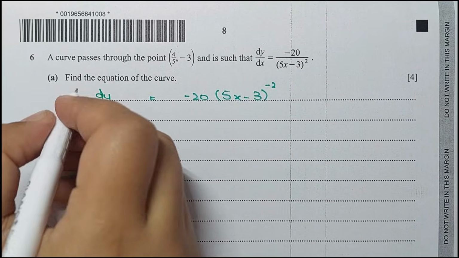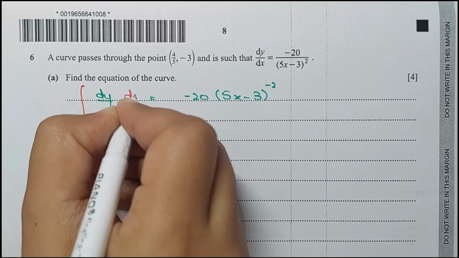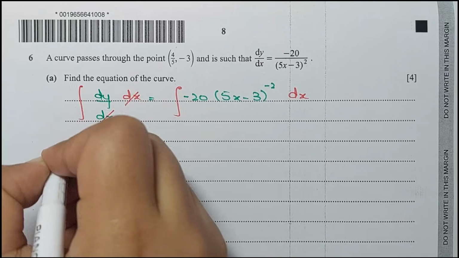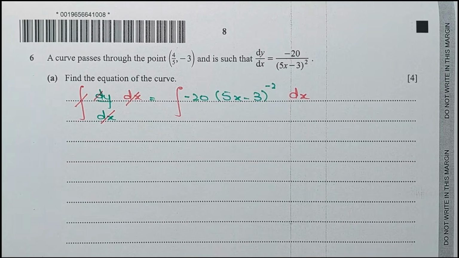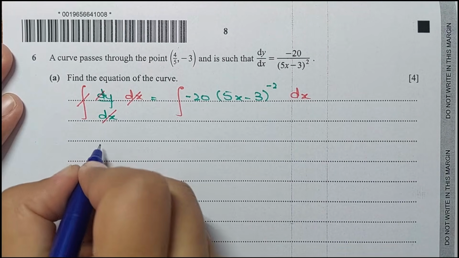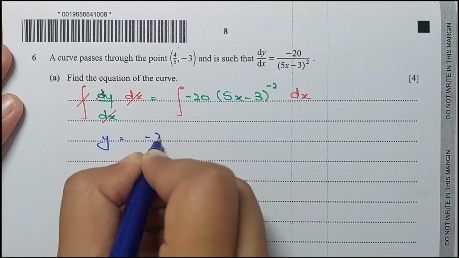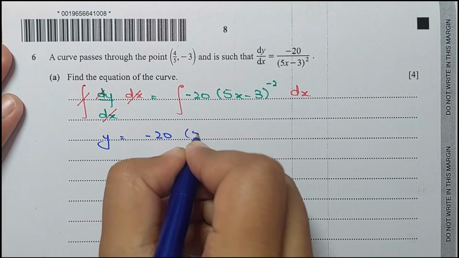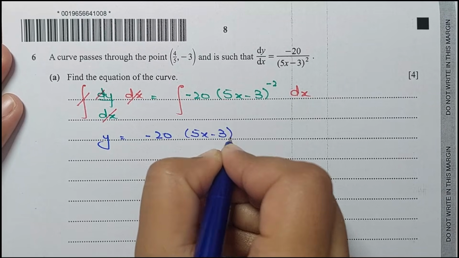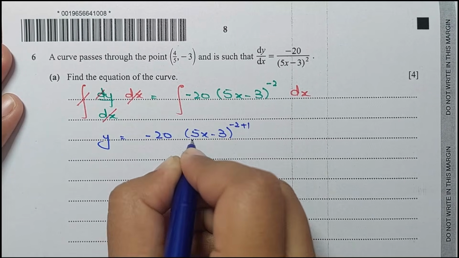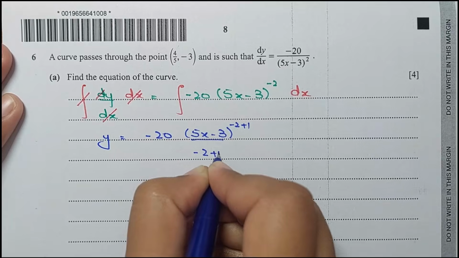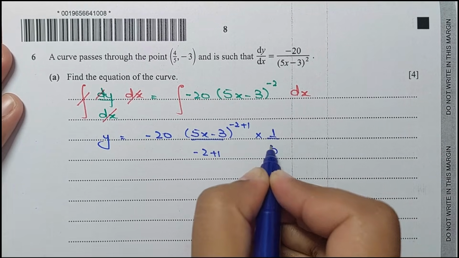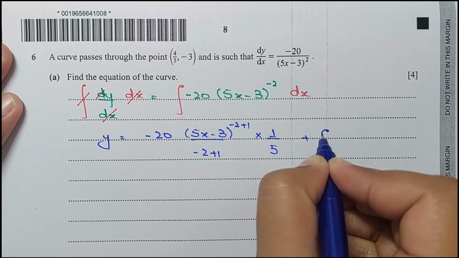To find y, integrate both sides with respect to x. The dx cancels, the derivative and integral cancel out, and we are just left with y equals negative 20, a constant, times the power rule of integration: (5x minus 3) to the power minus 2 plus 1, divided by minus 2 plus 1, multiplied by 1 over the derivative of 5x minus 3, which is just 5, plus some constant of integration.